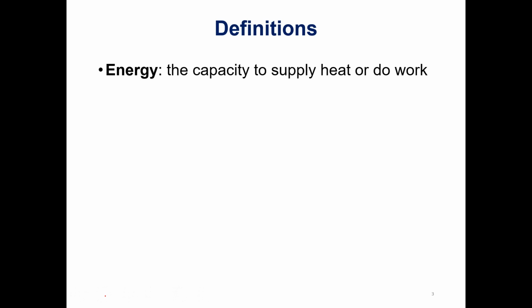Energy in thermochemistry is defined as the capacity to supply heat or do work. And sometimes we use the terms heat or energy interchangeably because heat is thought of as a form of energy.